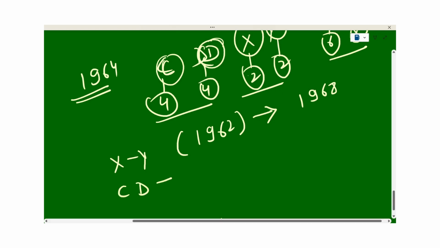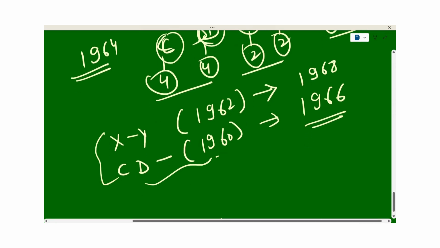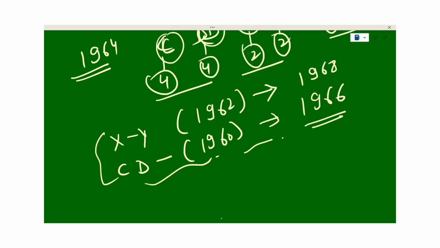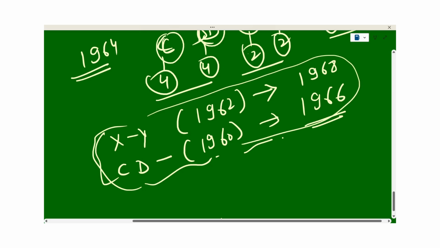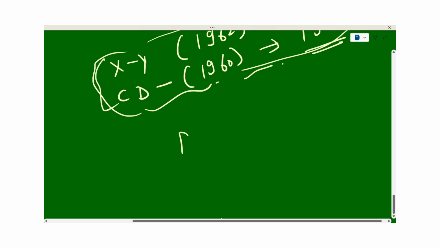CD, they were elected in 1960, so they will retire in 1966. So this is the way the 6 year tenure arrangement works in Rajya Sabha, and this is why Rajya Sabha is never dissolved. It is always a permanent house.